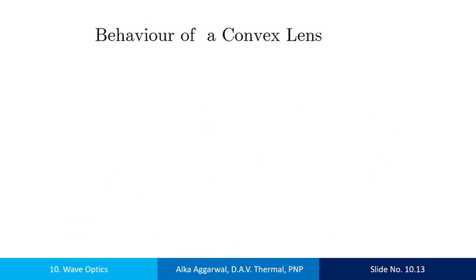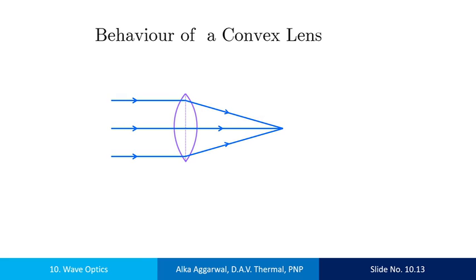Now the behavior of the convex lens. Let this be a convex lens, and these are the courses of the ray of light. The rays converge at one point in the case of a convex lens. AB is an incident wavefront and is incident on the lens.